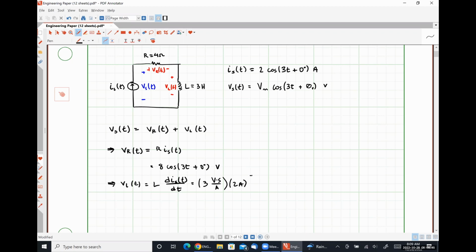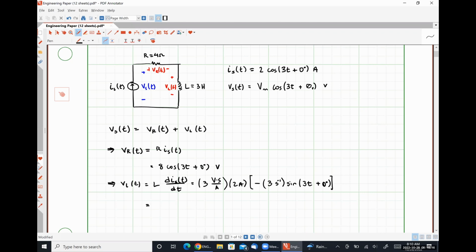So this is going to look like negative 3 per second, because remember that omega is measured in radians per second, and radian is a dimensionless quantity, times the sine of 3t plus 0 degrees.